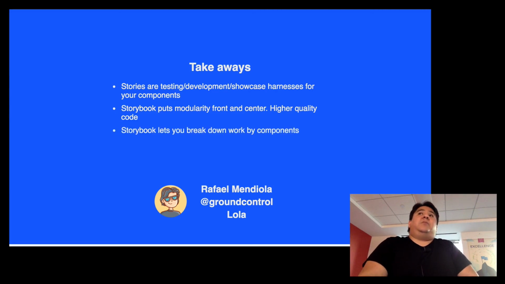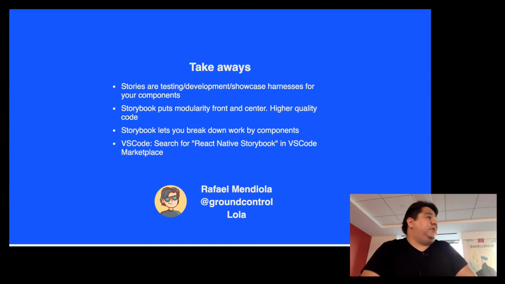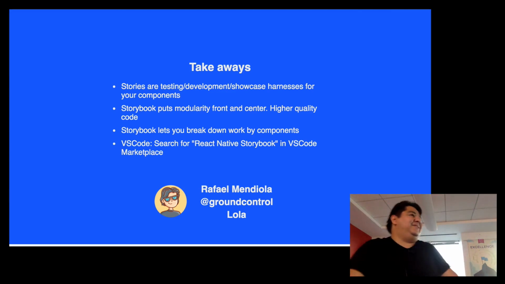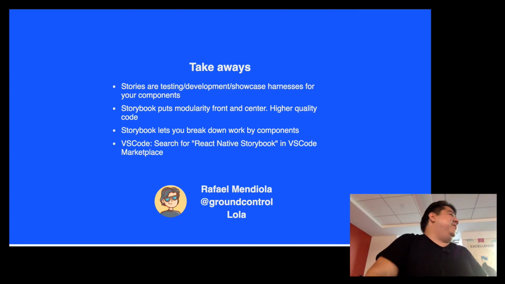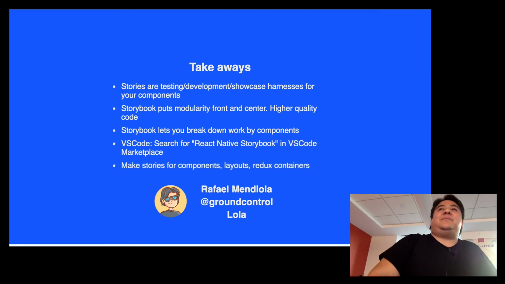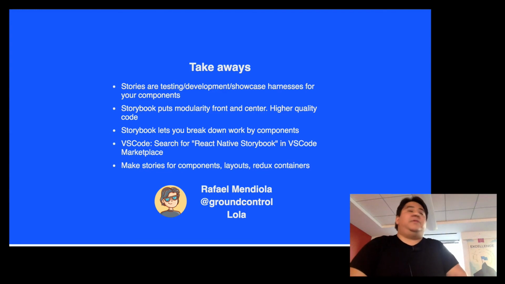Storybook lets you break down work by components. It has awesome integration into VS Code. Our developers who use Vim are very jealous of this. I'm sure somebody will eventually write a plugin for Vim, but it's only for VS Code right now. And you can make stories for not just components, but for layouts and Redux containers, etc.